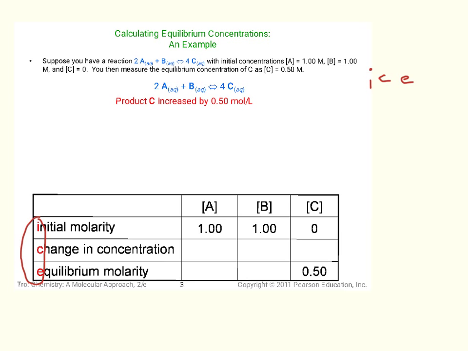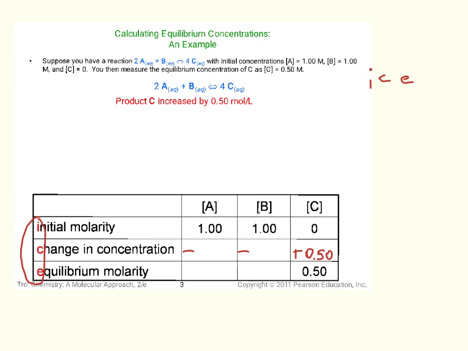As A and B are reactants, their concentrations are going to reduce, hence the sign of change is negative in both cases. In contrast, the change in concentration of C is positive because it's a product and is going to increase. As the initial concentration of C was 0 and the equilibrium concentration is 0.5, the change in concentration of C is the same, 0.5 molarity.